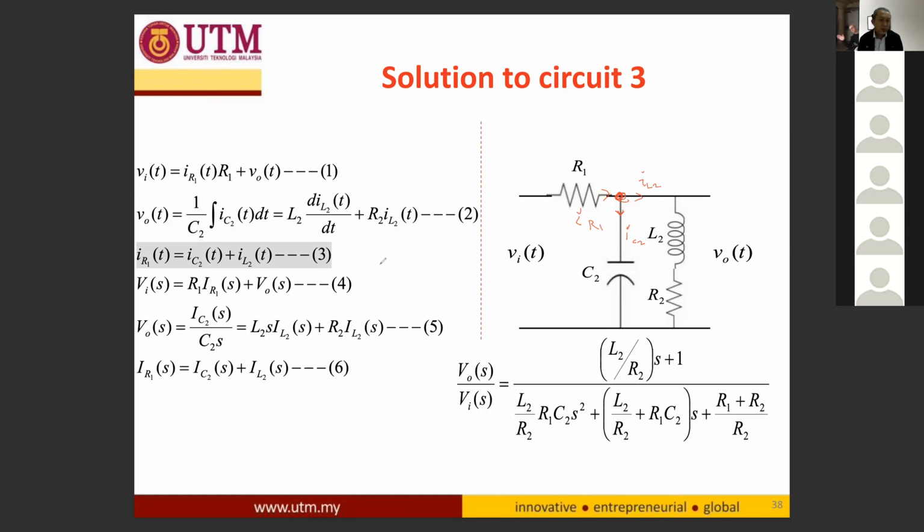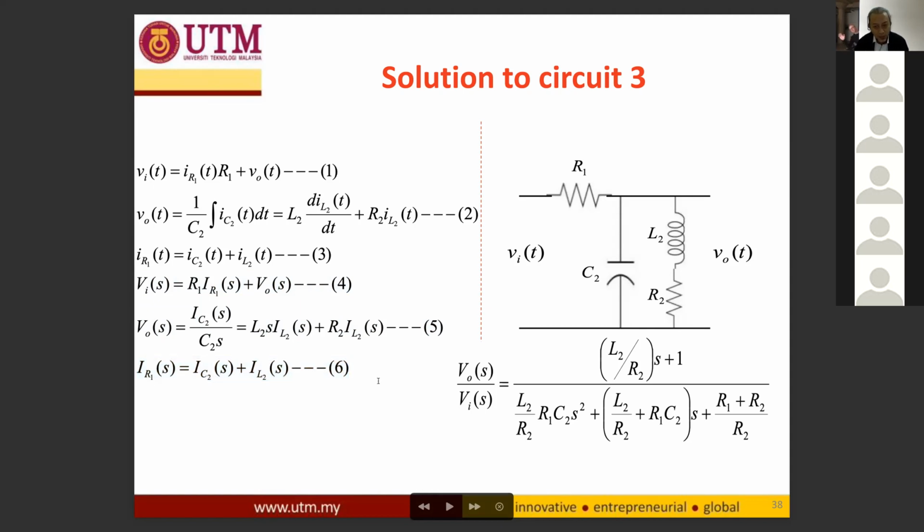Then you apply Laplace transform for equation 1, equation 2, and equation 3, respectively. Then you will get equation number 4, then equation number 5, which is the Laplace transform of equation 2, and equation number 6, which is the Laplace transform of equation number 3.